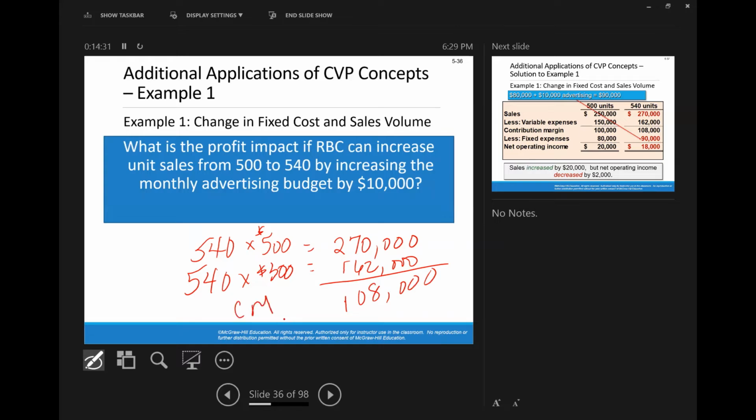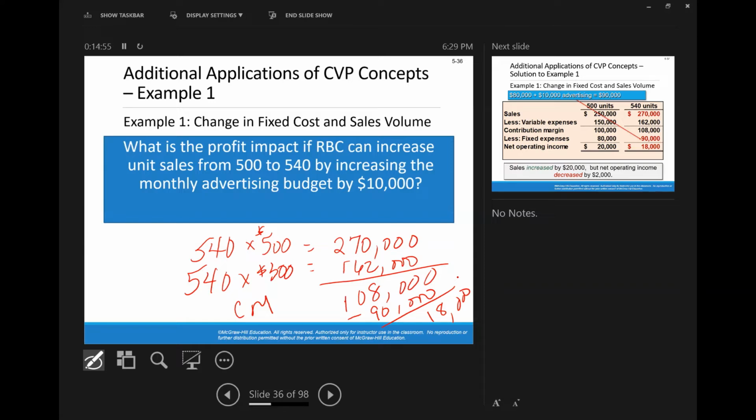And now our fixed are 90. So we have 18,000. So even though we increased our quantity, we also increased our advertising to increase that quantity, but did it help us out? Not really, because our profit went down a little bit.